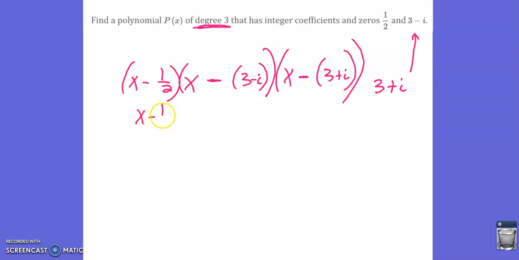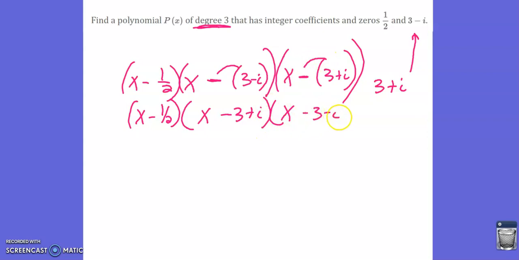Those are my 3 factors, and it's just a matter of multiplying all of those out. What I would do first, you don't have to do it this way, is use the distributive property on negative 3 plus i, and use the distributive property here as well, negative 3 minus i, and then multiply all of that out, and we're going to get that polynomial. The only thing we've got to pay attention to, go back and read it: it says find a polynomial of degree 3, which we did, but it has to have integer coefficients.